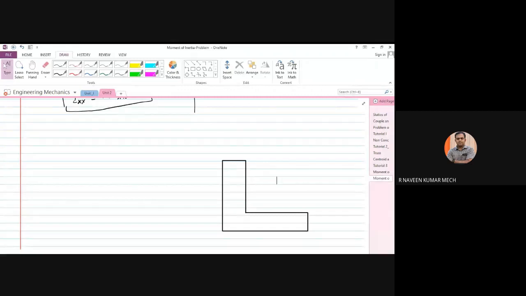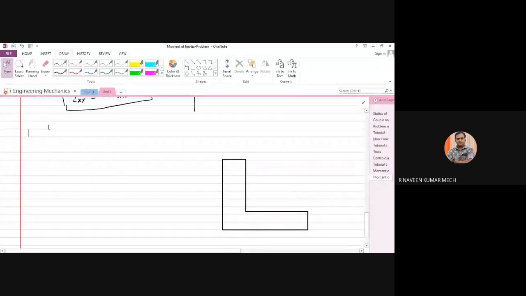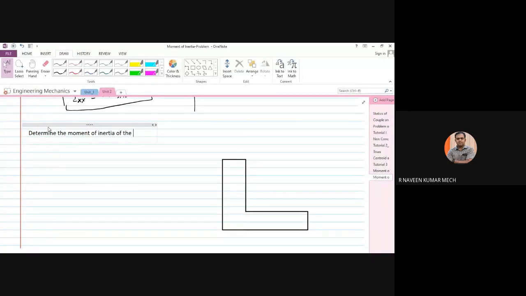Okay, solve this problem. We have to determine the moment of inertia of the L section shown in the figure about its centroidal axis parallel to the base.